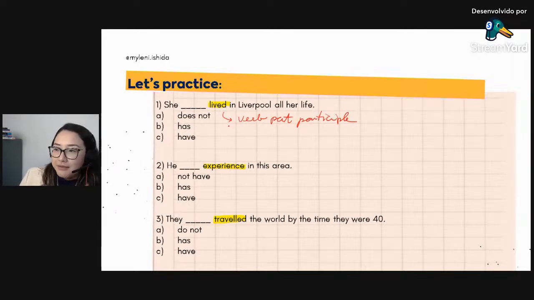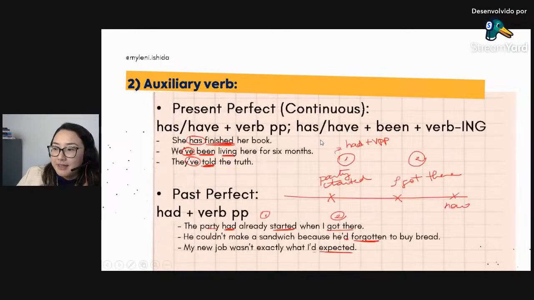So here I have lived, a verb in the past participle. So the verb have is going to be an auxiliary verb, right? So remember, when I have the verb in the past participle after have, the have is an auxiliary verb.